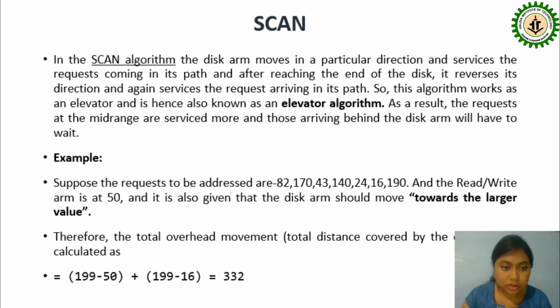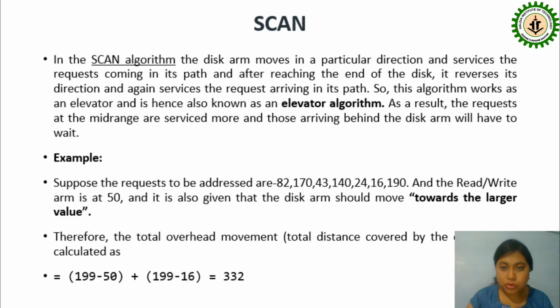Okay, the disk's current position is 50. As we know, we are moving in the larger direction. From 50 we are first going to 82, then 140, then 170, then 190. Okay, so 190 is the last request, but our total disk size is 200, that is from 0 to 199.